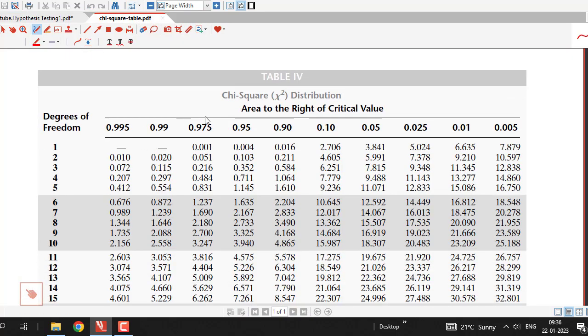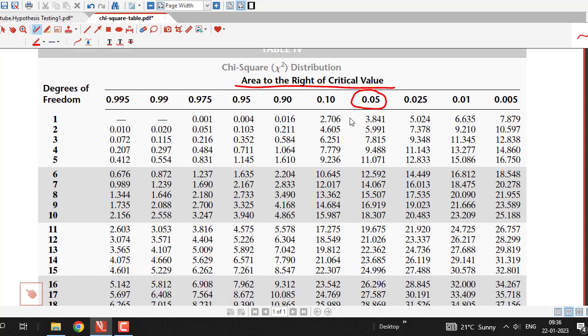So here column headings are nothing but area to the right of critical value, and we are interested in 0.05 area. This left column corresponds to degrees of freedom. Our degrees of freedom are 14, so we go down up to 14 here. So this row corresponds to 14, so we go in this row up to 0.05 area.